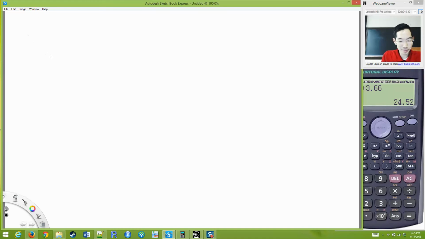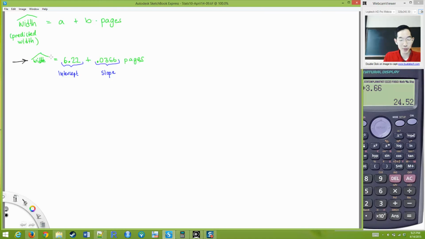So let's talk about the intercept. The intercept would be our prediction for y if x were 0.